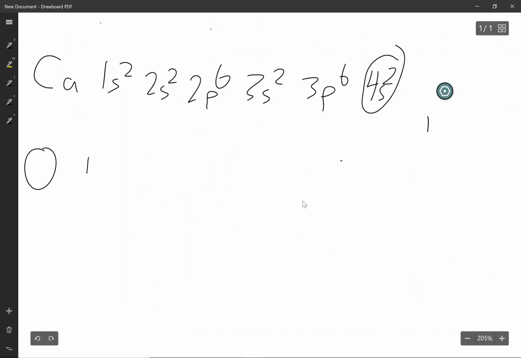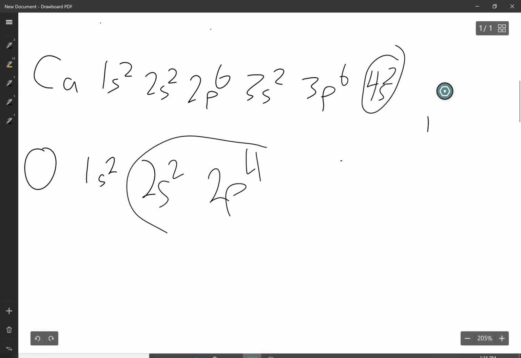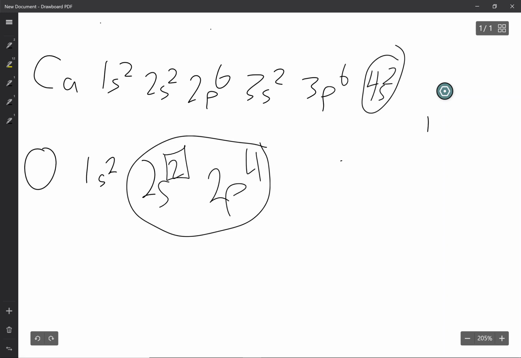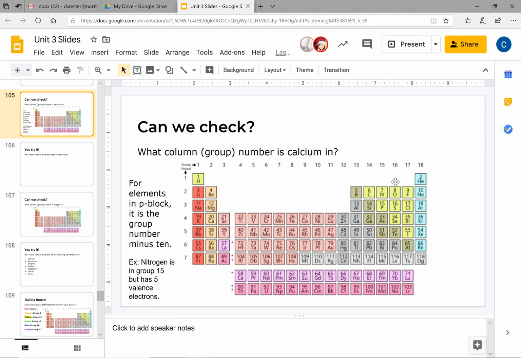So we have oxygen is 1s2, 2s2, 2p4. Now the highest energy level is energy level 2, and the number of electrons that we are looking at is all of the electrons in the highest energy level, all the electrons in energy level 2. So 2 plus 4 should be 6. And that agrees here with what we said. 16 minus 10 is 6. Oxygen has 6 valence electrons.